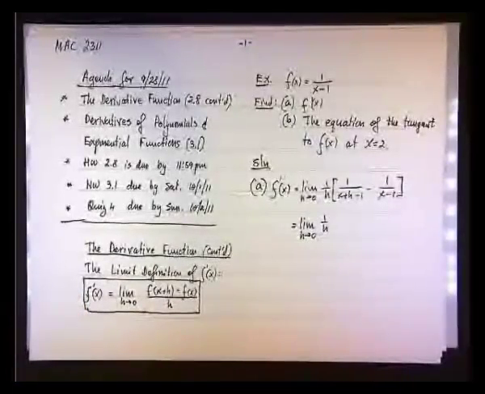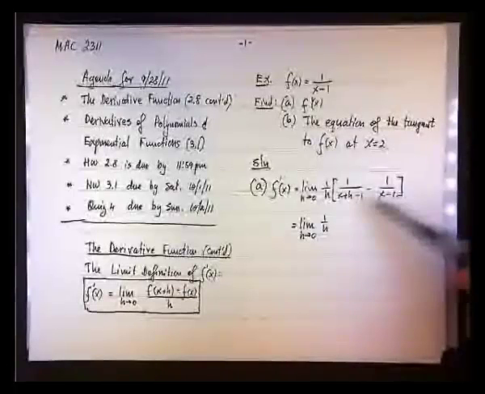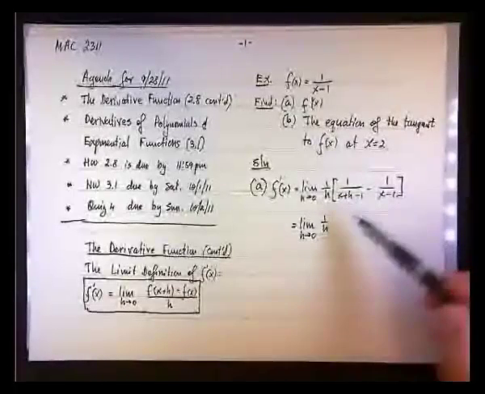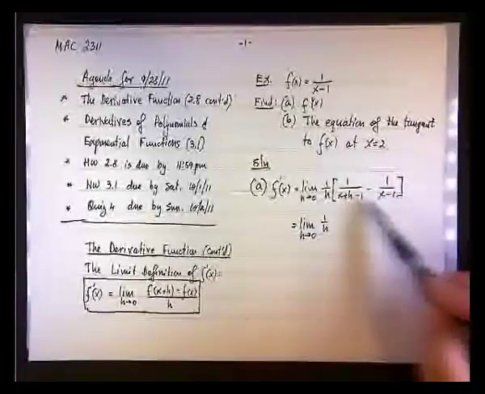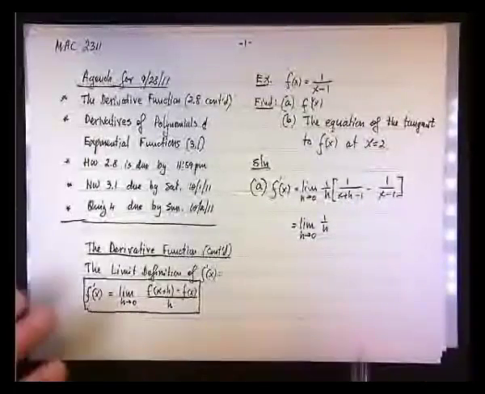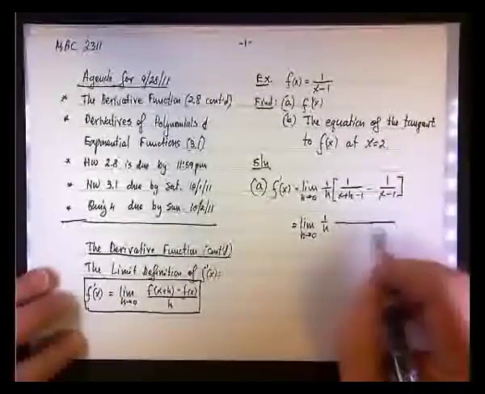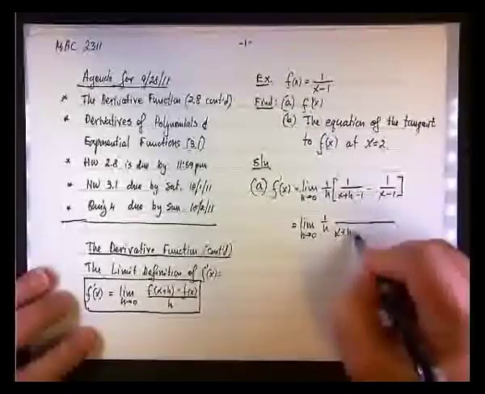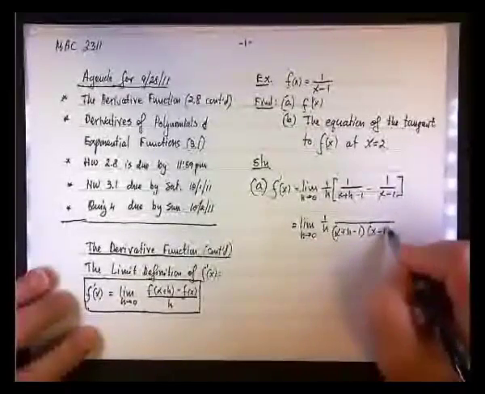And since we are subtracting fractions, if the numerators are different numbers and they don't have a common divisor, then the common denominator will be simply the product of the denominators. So the common denominator will be simply x plus h minus 1 times x minus 1.